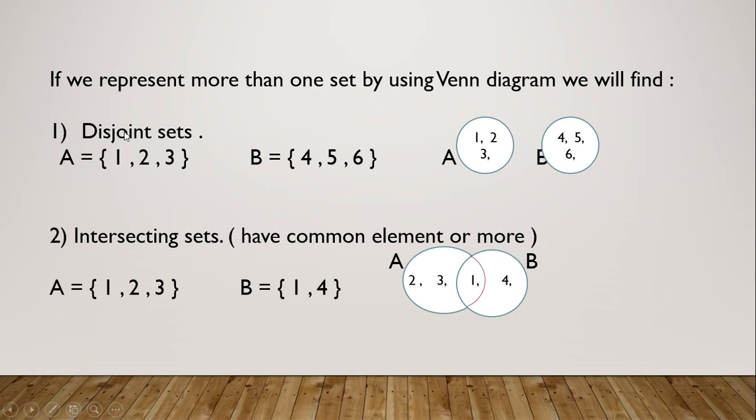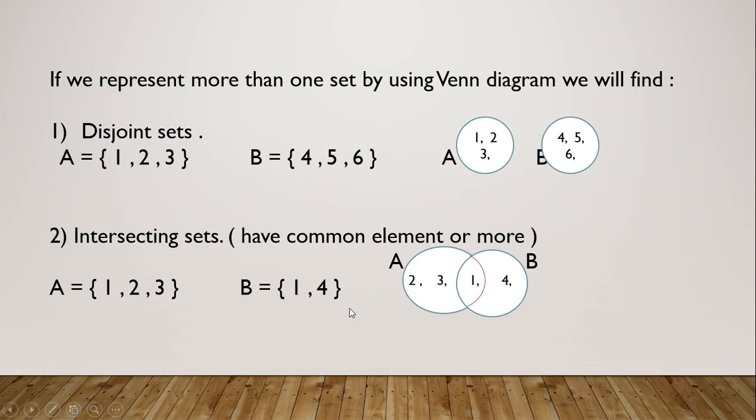If the 2 sets are disjoint, meaning there is no common element between them, each one is in a separate place. But if the sets are intersecting, meaning there are common elements between them, I will find a common area between them. They intersect and they have a common area.